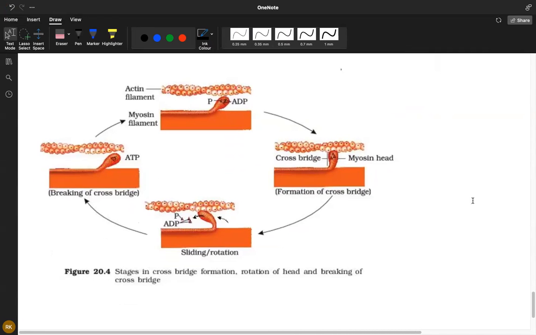Yes. So the story from here, further on, what happens. What you can see here is a cross bridge formation. So this is where we start. You can see the cross bridge, right? This is what we just talked about. When there is a cross bridge, it's forming a 90-degree angle.